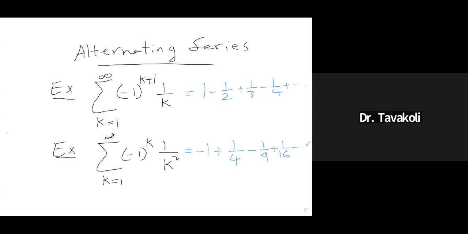So whatever the sign of a term is, the sign of the next term will be opposite. If one term has a positive sign, the next term has negative. If a term has a negative sign, the next term will be positive.